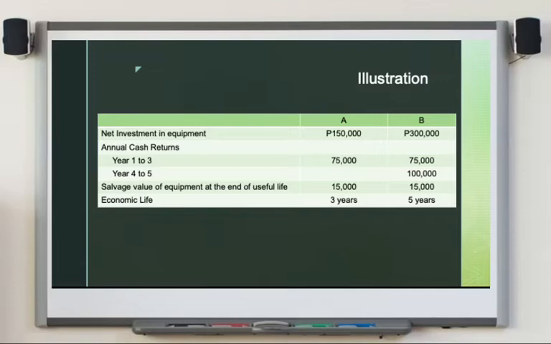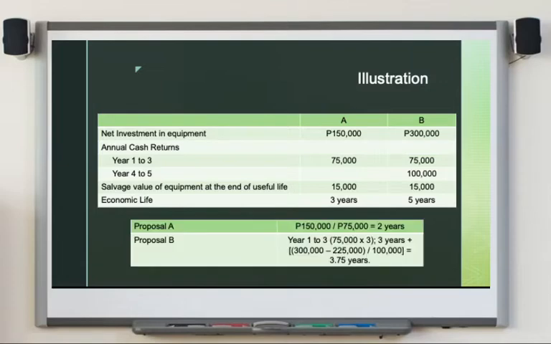For proposal A, we simply divide the initial investment of 150,000 by the annual cash return, and therefore we will get 2 years. So after 2 years, we can recover the entire initial investment of 150,000.